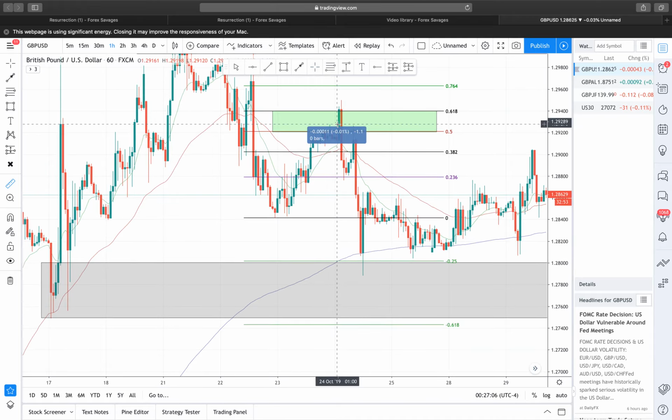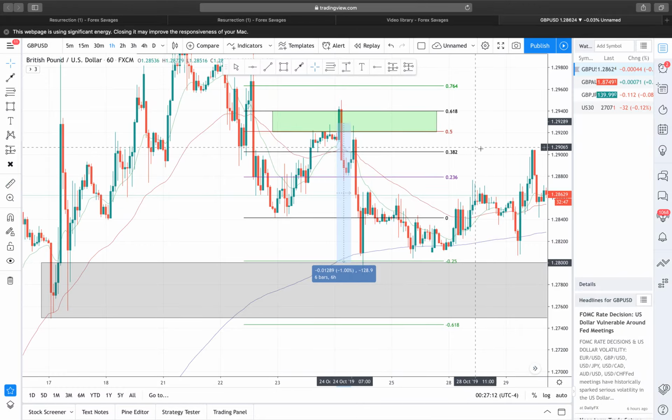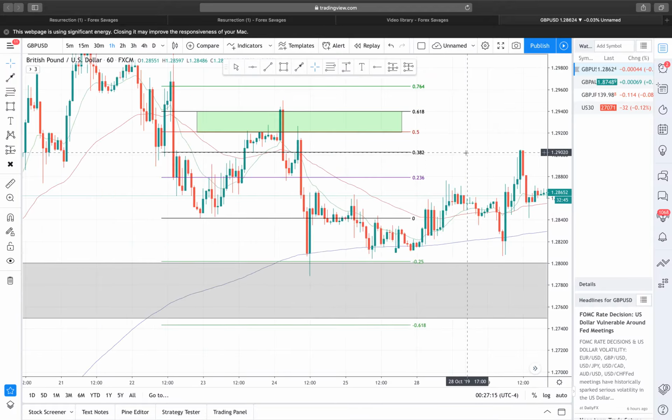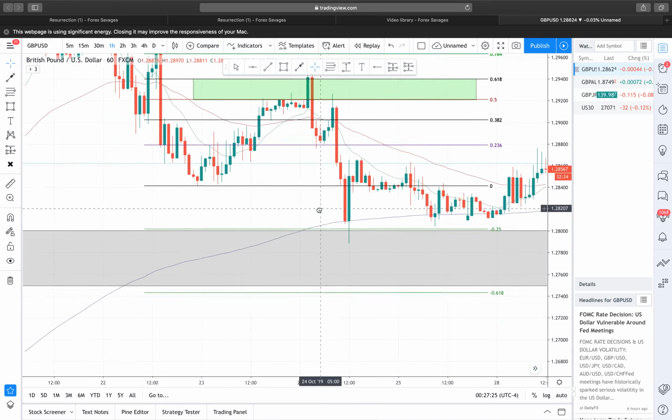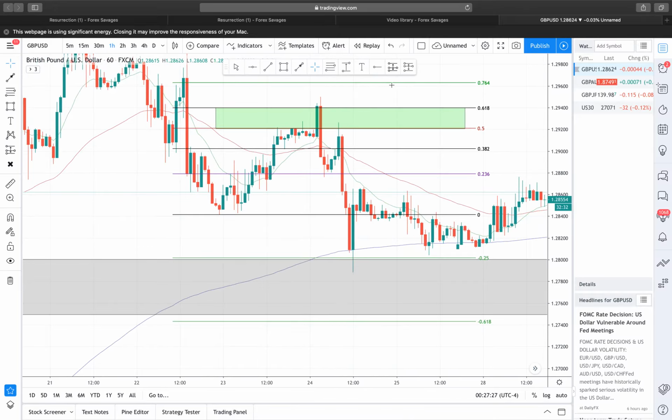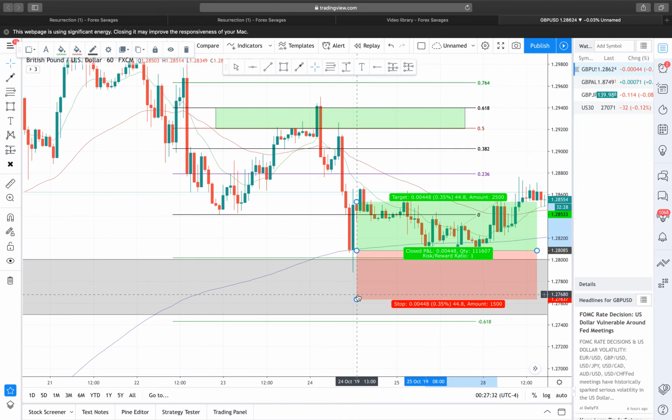So if you would have used this as an overall target for 130 plus pips, you could have done what I do. I'm a very aggressive scalper, so I used this demand zone to get in a position the second it started rejecting. I would have scalped this with a 40 pip stop loss.